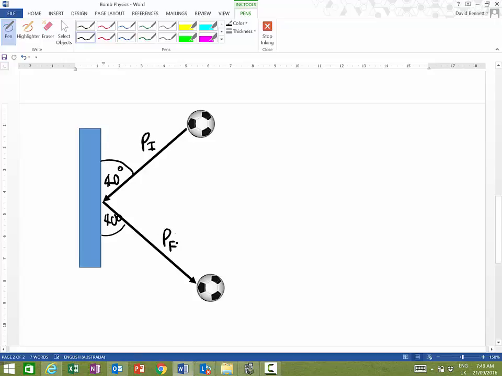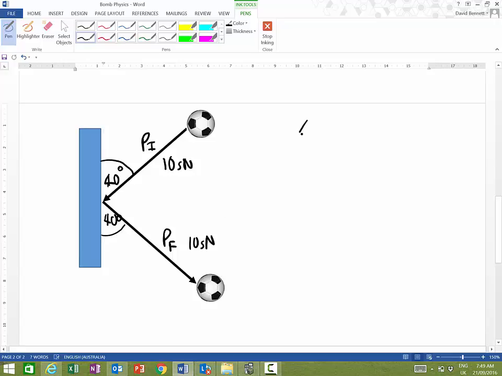This one here has its initial momentum going in there, and we know its final momentum is coming this way. If the ball weighed 1 kilogram and it was moving at 10 meters per second, then the momentum here would be 10 kg·m/s, or 10 N·s, both before and after. We'll just use that as an example because it's easy.